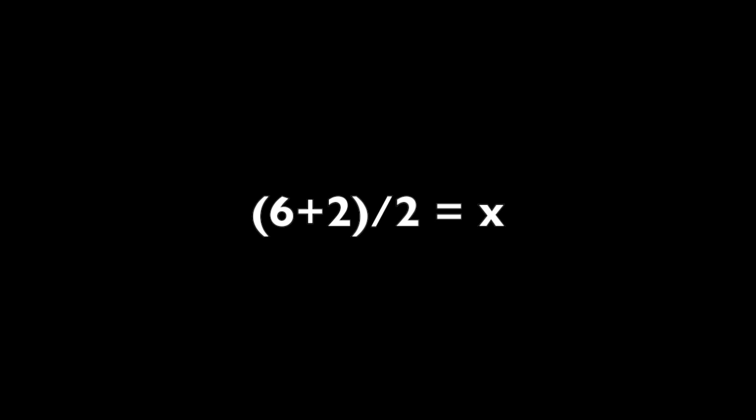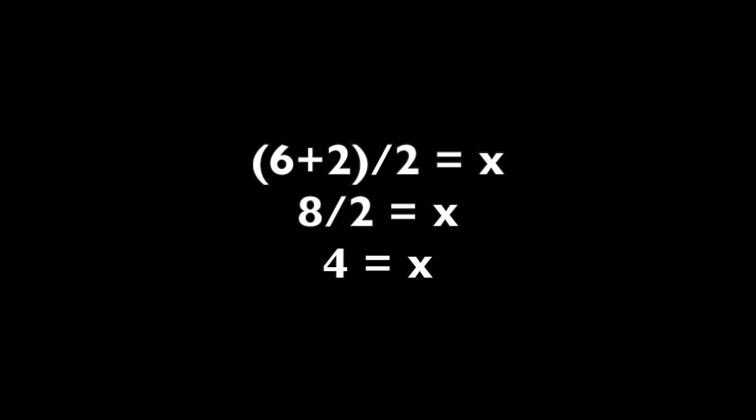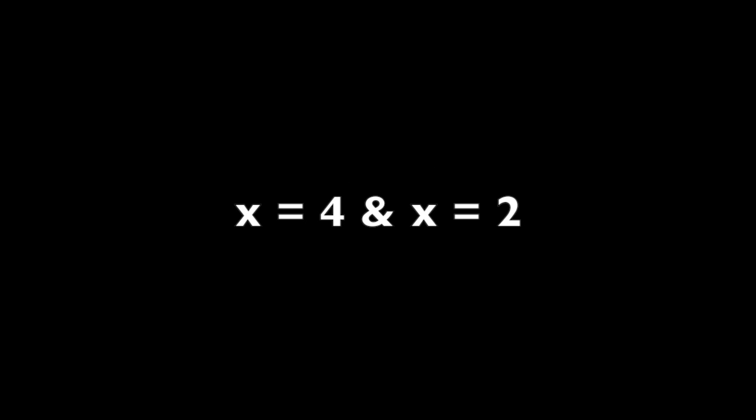You'll have 6 plus 2 over 2 equals x, and 6 minus 2 over 2 equals x, so you'll get 8 divided by 2, which equals 4, and 4 divided by 2, which equals 2. So your x equals 4 and your x equals 2.